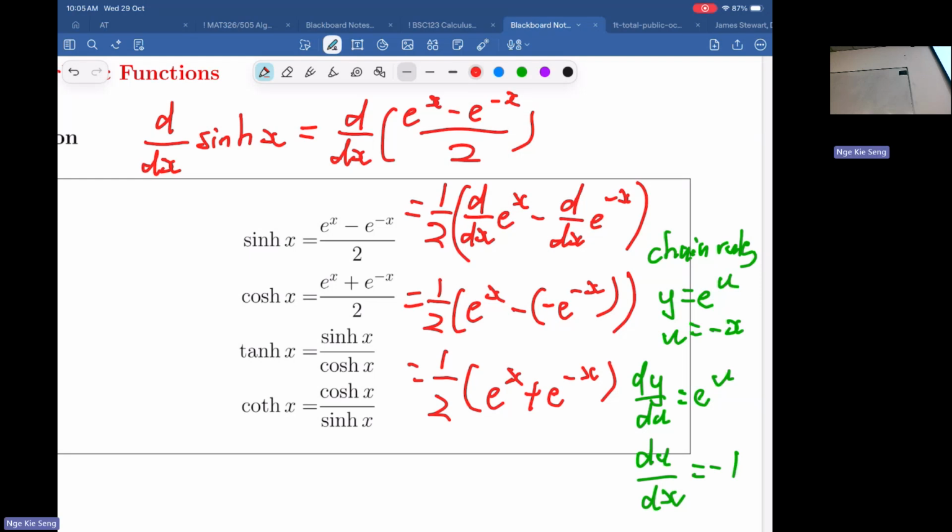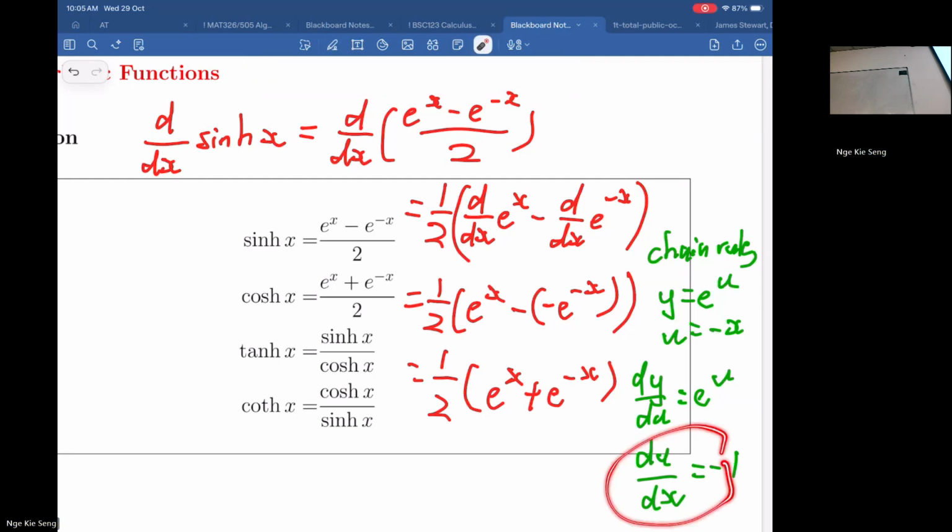Question, Felicia? Okay, which part are you confused about? Why does it become minus 1? You mean this one? This is the function I differentiate here.